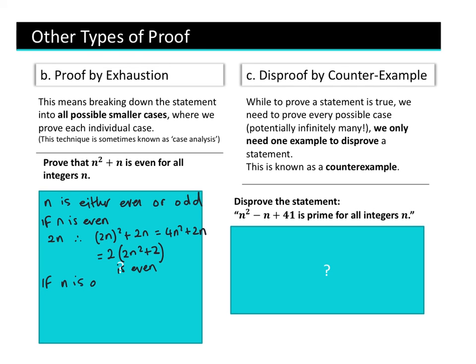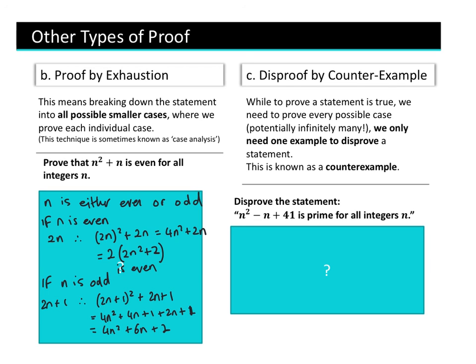If n is odd, we know an odd number is 2n plus 1. So therefore, we're going to have (2n plus 1) all squared plus 2n plus 1, which is going to equal 4n squared plus 4n plus 1 plus 2n plus 2, which equals 4n squared plus 6n plus 3. Is that right? No, that's not right. So this is now plus 2.